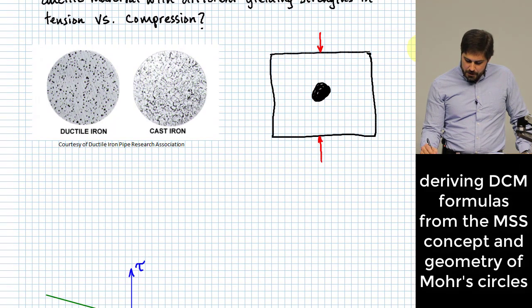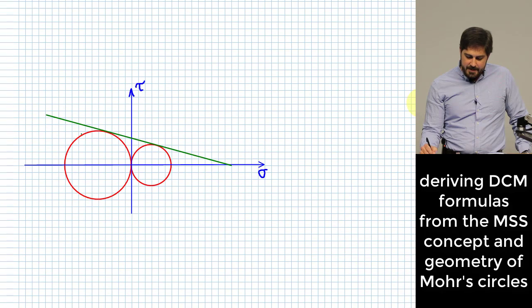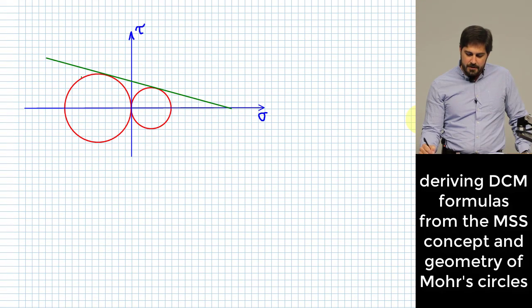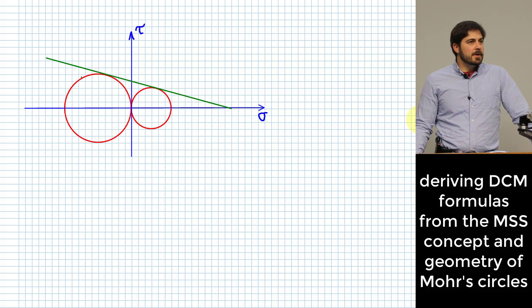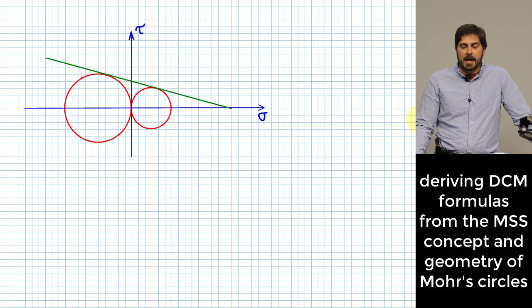All right, so what we're going to do here is look at a way to deal with this case. The basic idea that we're going to start from is the maximum shear stress theory, but we're going to adapt it in order to allow us to have these asymmetrical properties.